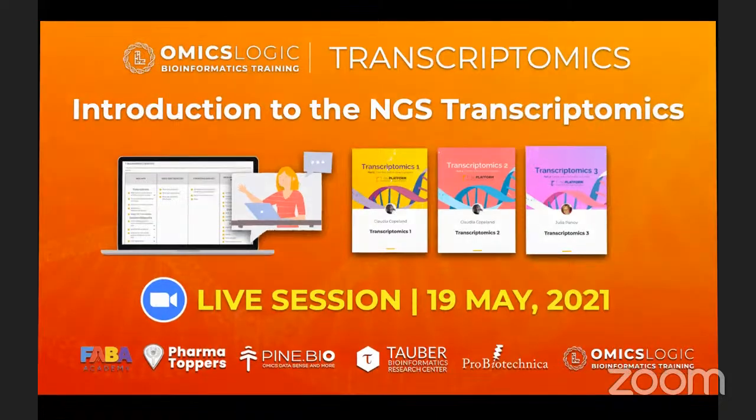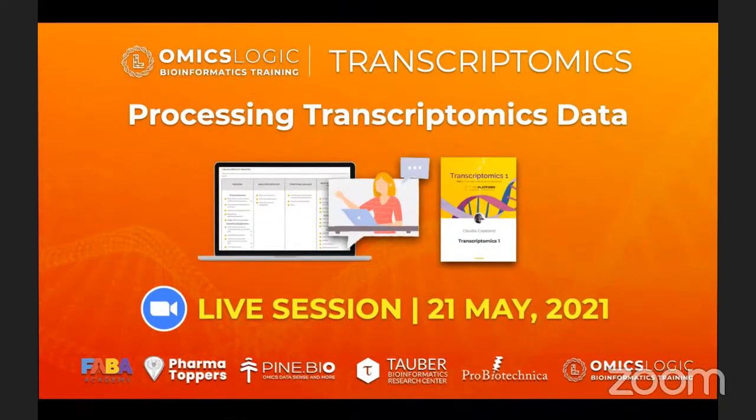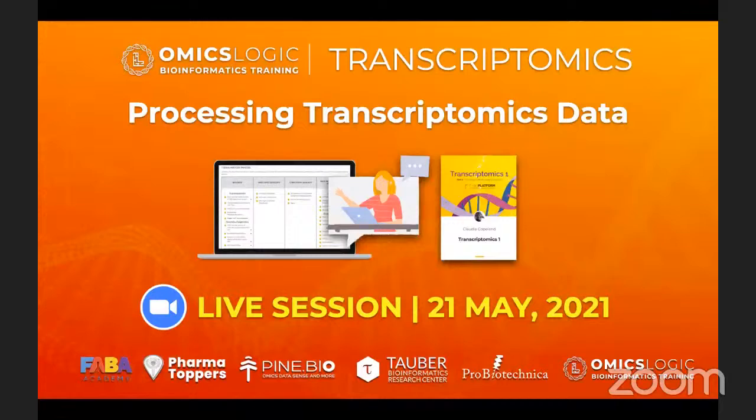The second session will be about processing transcriptomics data, which will be on 21st May. Here we will be discussing strategies of mapping, exon and junction detection, and then techniques such as normalization and quantification. This is all covered in Transcriptomics 1. The Transcriptomics courses will be available for those who are joining, along with the projects.